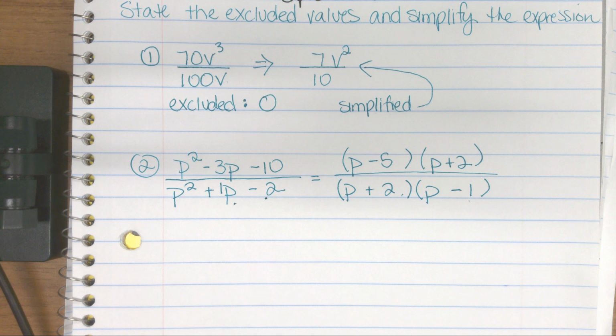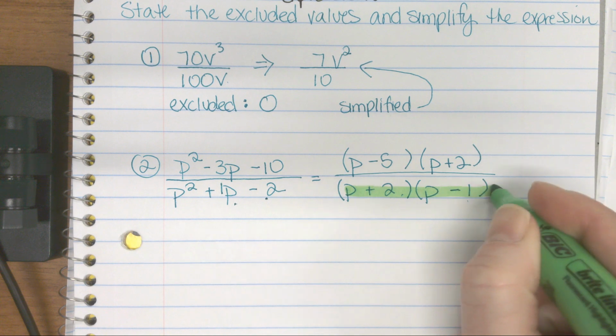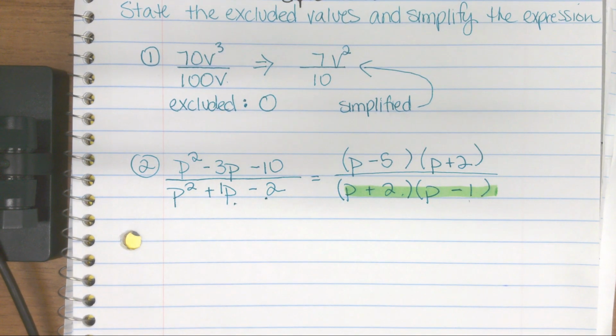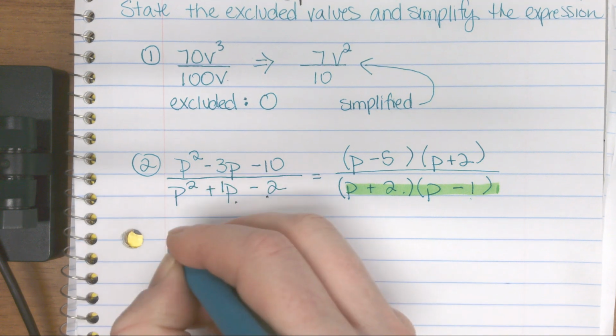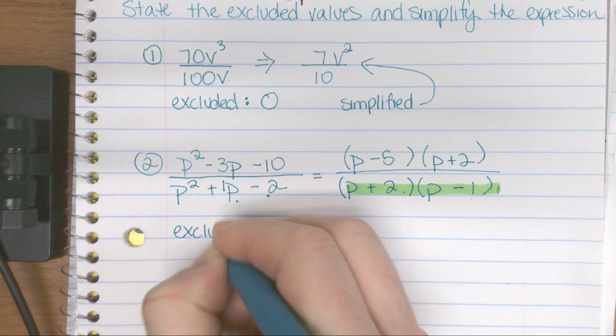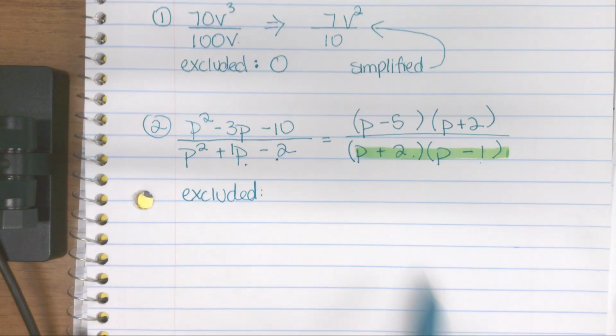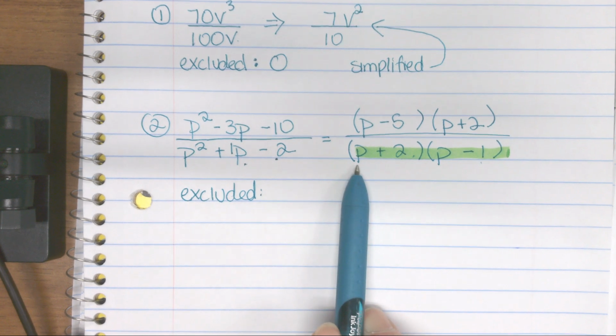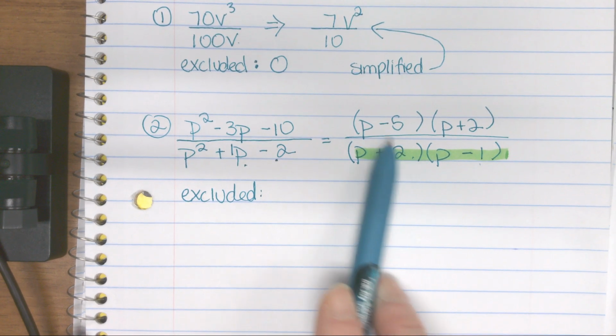In a minute we're going to cancel some things out and simplify, but before we do that, let's state the excluded values. Would you look in the denominator, please? What would you put in for p that would make each factor 0? If I put -2 in for p, wouldn't that make that first parenthesis 0?